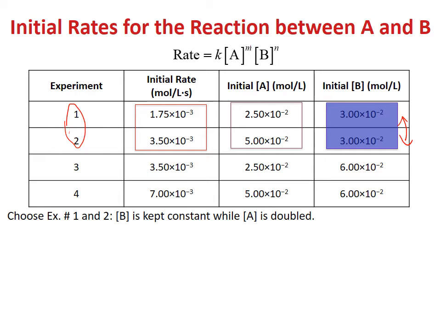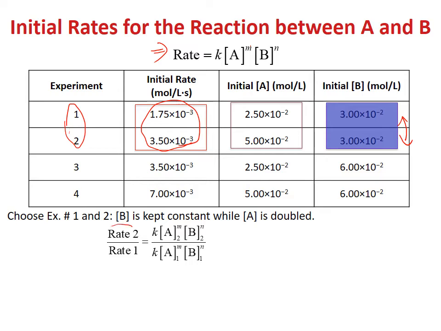Now first let's calculate the rate change in theory. Note that this is the rate change by experiment. In theory, we should look at this equation to calculate. So here we have the equation, the ratio of rate 2, experiment 2, over experiment 1.